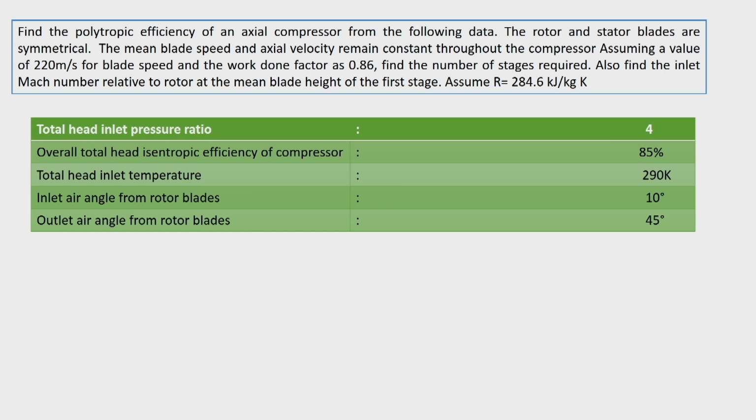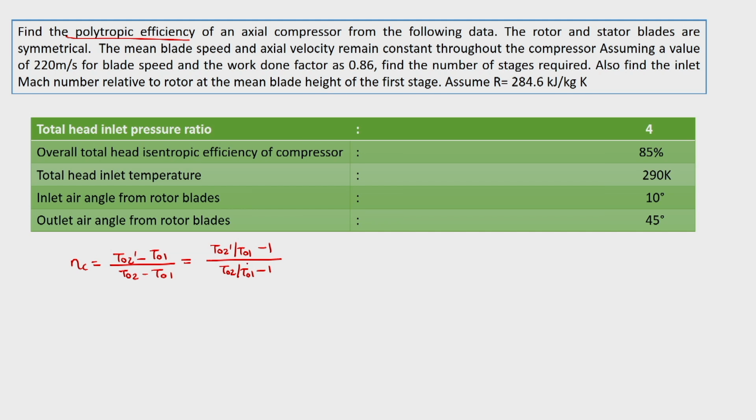First we have to find the polytropic efficiency. We don't have to write the given data for finding the polytropic efficiency, since we can use the formula we already know. Compressor efficiency is T02 dash minus T01 divided by T02 minus T01. Taking T01 common, we get T02 dash divided by T01 minus 1 divided by T02 upon T01 minus 1.